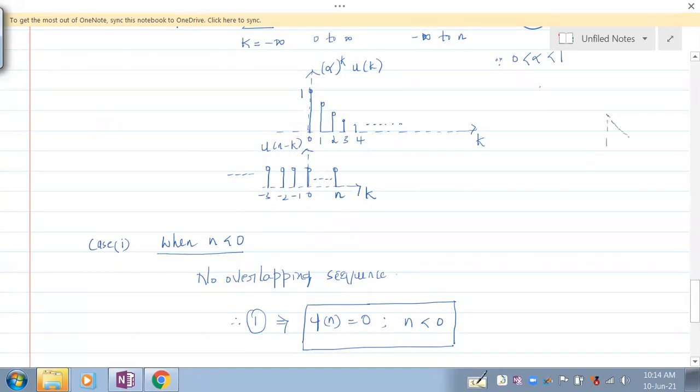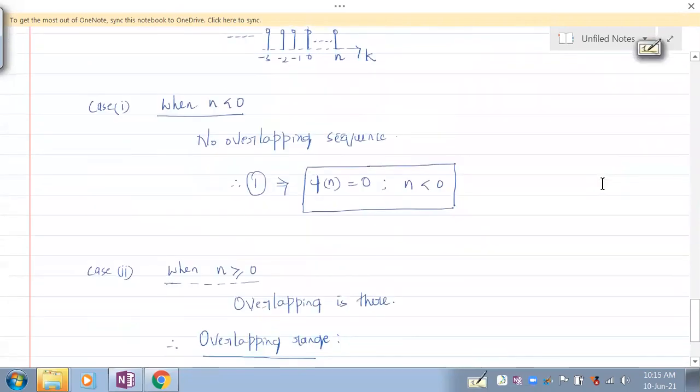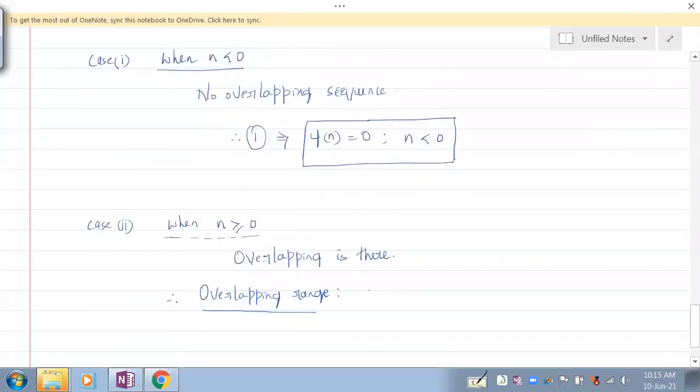So this is the stationary signal, and this is the signal which is moving. This is n, and this is where the overlapping is happening. So the overlapping range is 0 to n.